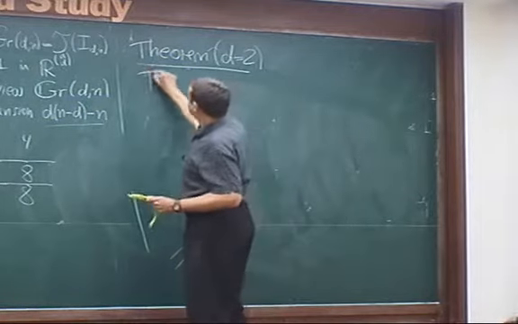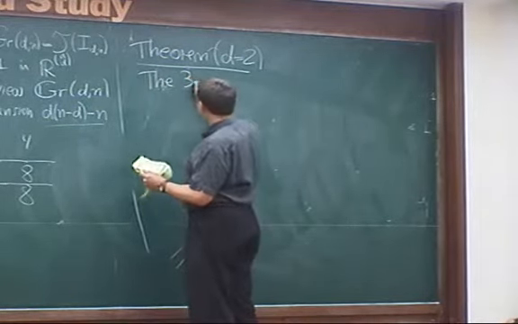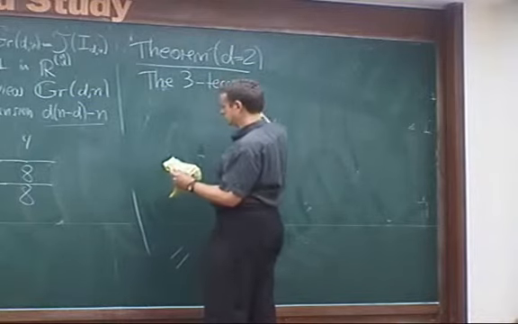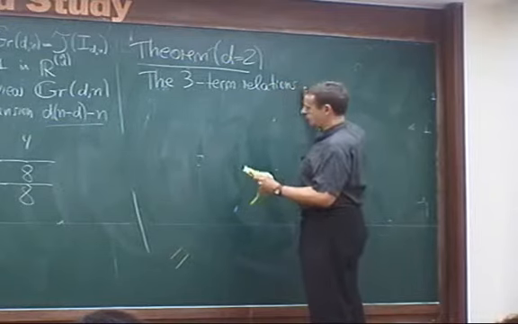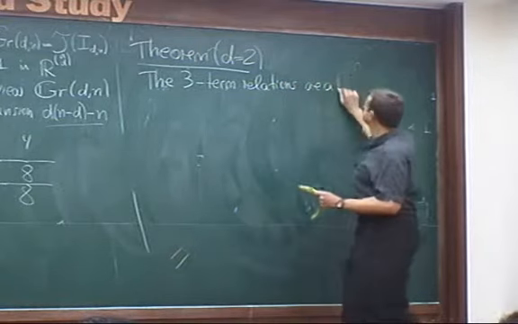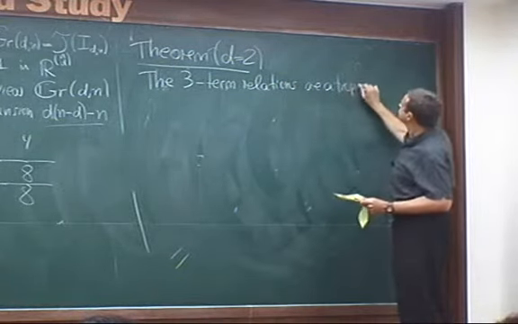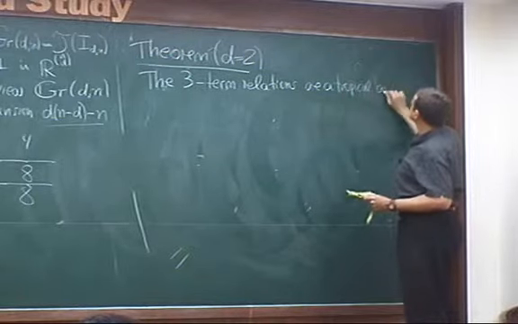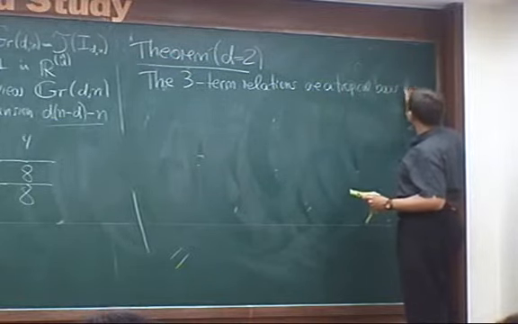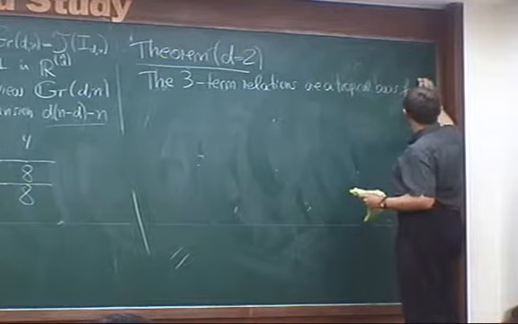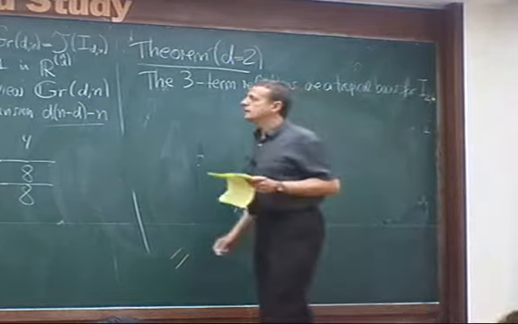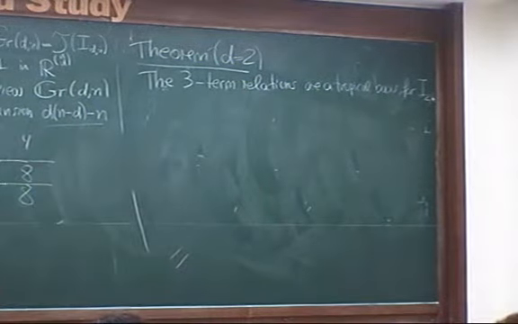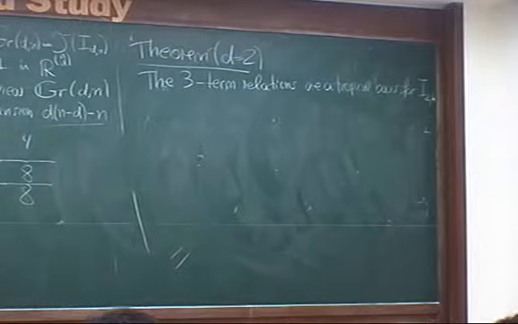First of all, the three-term Plücker relations are a tropical basis for I2n. So in particular, for 2n, they generate the ideal.